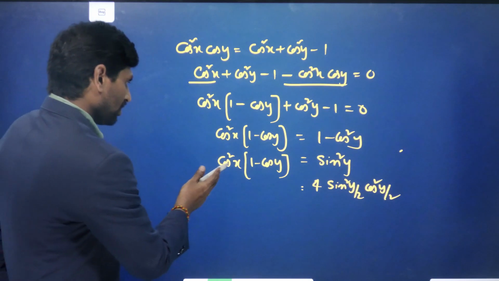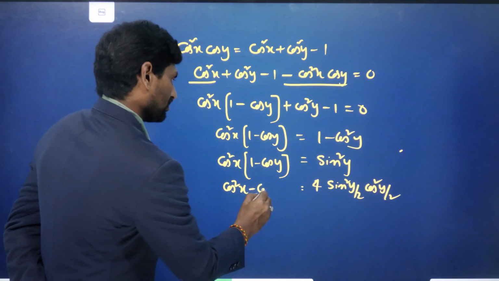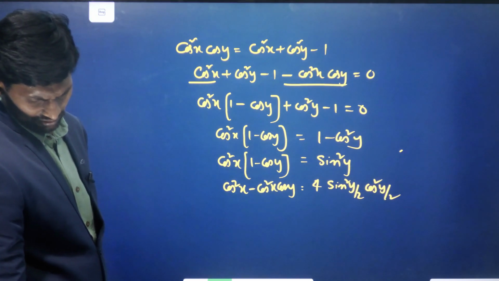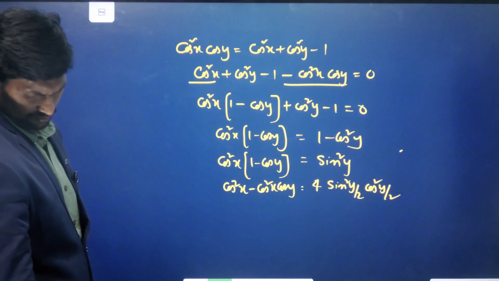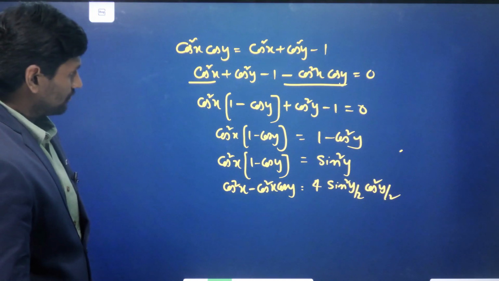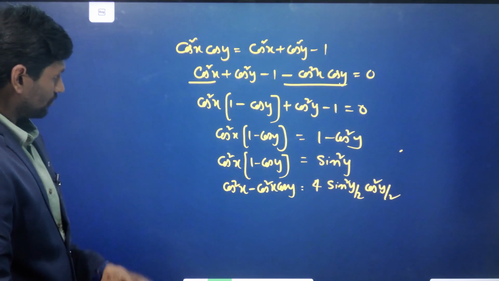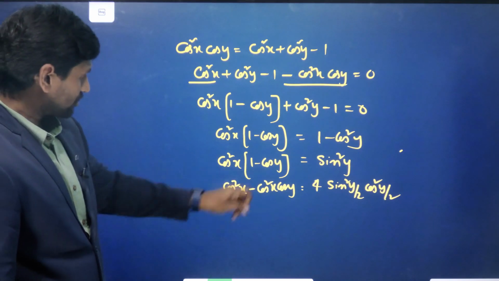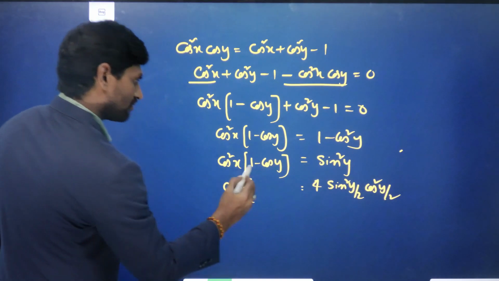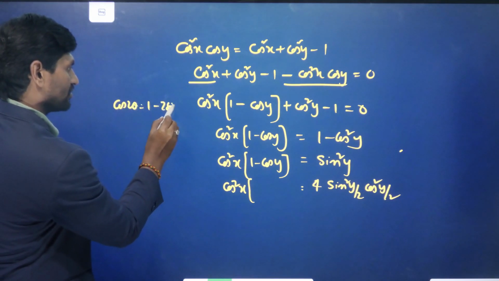This one cos square x, and this one cos square x into cos y. Now 1 minus cos y, how can we write 1 minus cos y? I can use the formula cos 2 theta is equals to 1 minus 2 sin square theta.